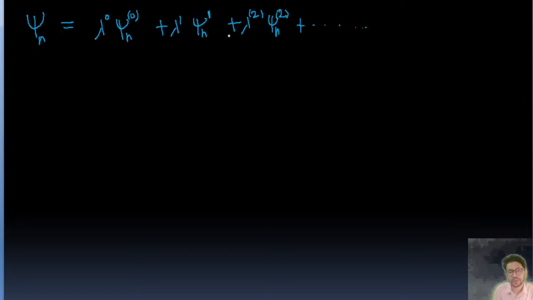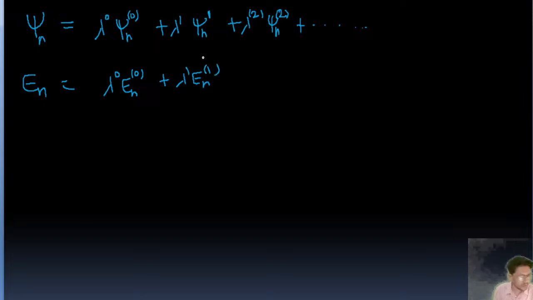Any wave function can be written like that. Also we can write the energy eigenvalue, or energy of the system, as lambda 0 En 0 plus lambda 1 En 1, plus lambda square En 2, plus so on.